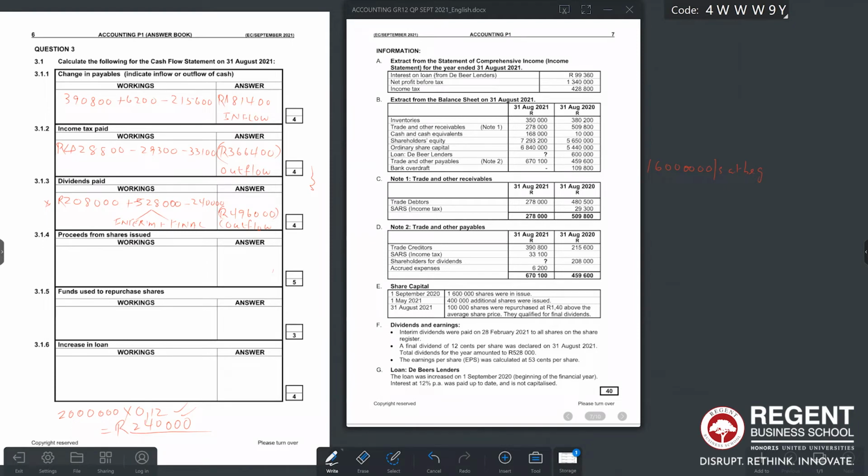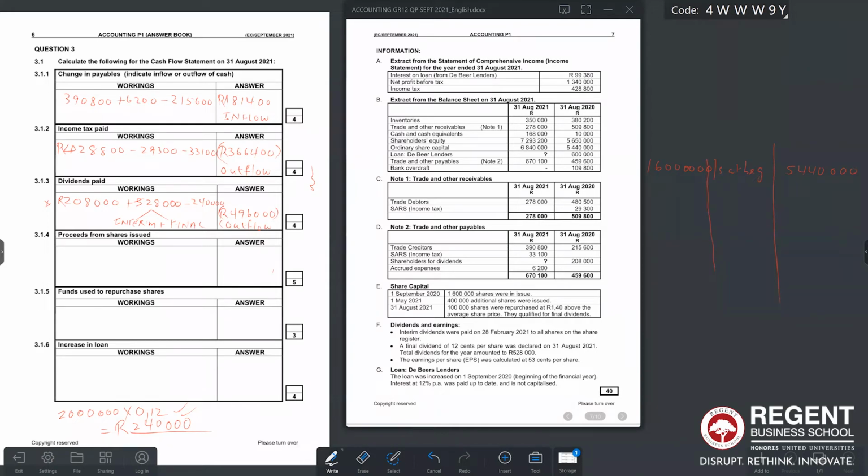What was my ordinary share capital account balance at the beginning of the year? If I look at information B, 5,440,000. Okay, so I had 1,600,000 at the beginning.